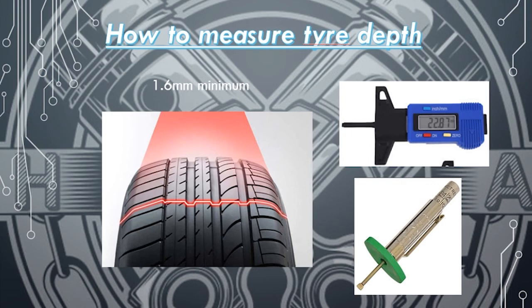The best way to see whether or not your tracking is out on the tyres is by measuring across each of the tyres, starting from the outer side, going into the middle, and then finally into the inner part of the tyre. The minimum tyre depth that you would be able to get away with legally would be 1.6 millimetres, which would be the minimum.